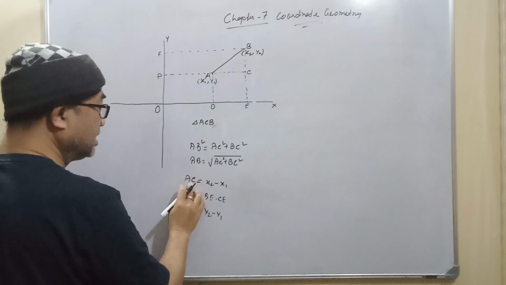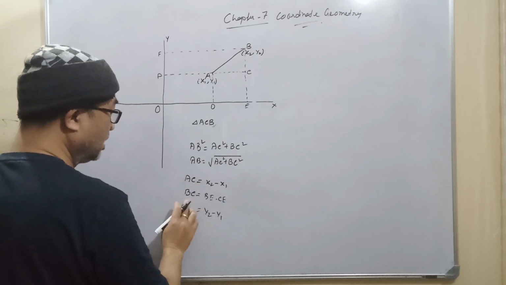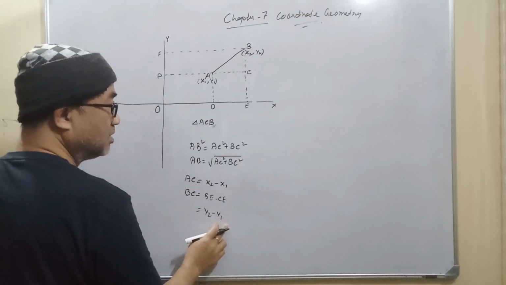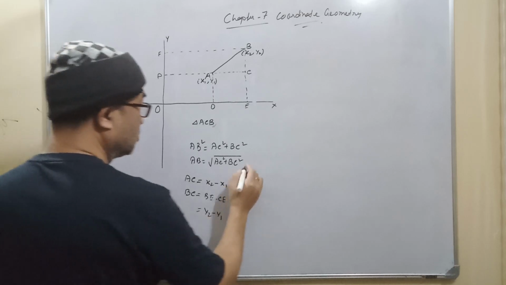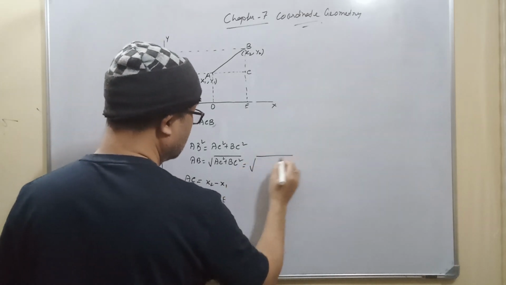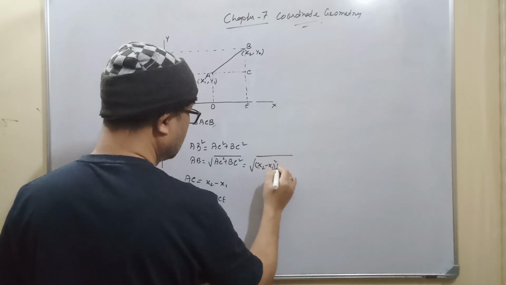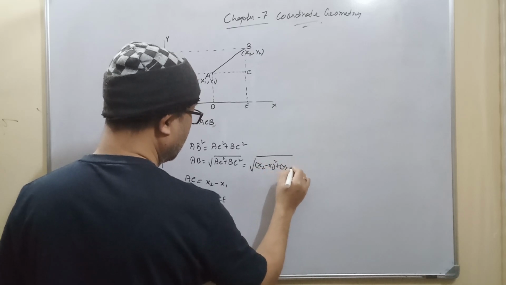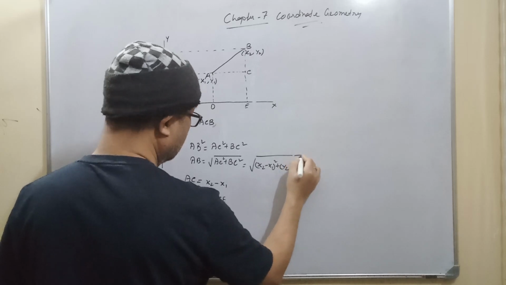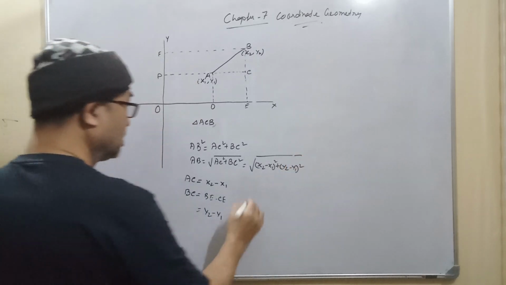So we have AC equal to x2 minus x1 and BC equal to y2 minus y1. So this whole thing becomes the square root of x2 minus x1 whole square plus y2 minus y1 whole square, and that is your distance formula.